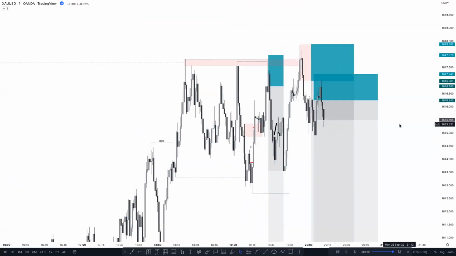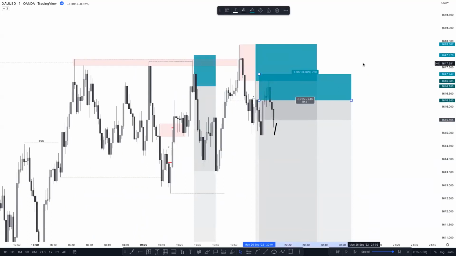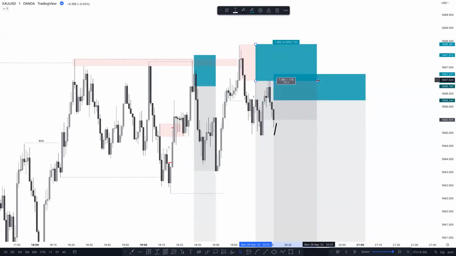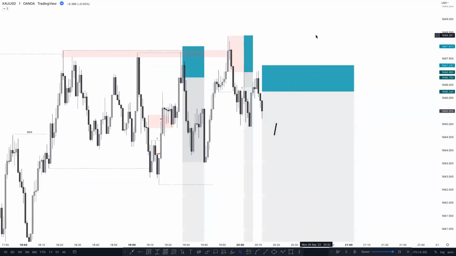Let's zoom in here. Then we can see clearly. Okay, so in this case, as we can see here, this high is taken out by this move, and this also acts like an inducement in this case, like this.